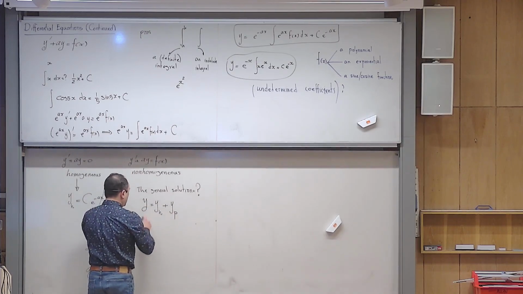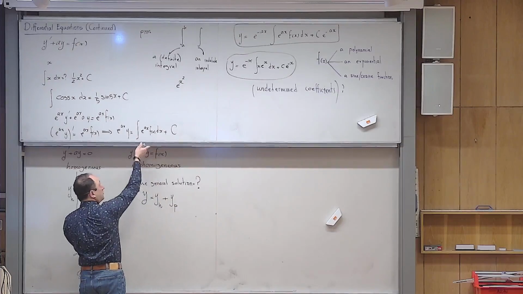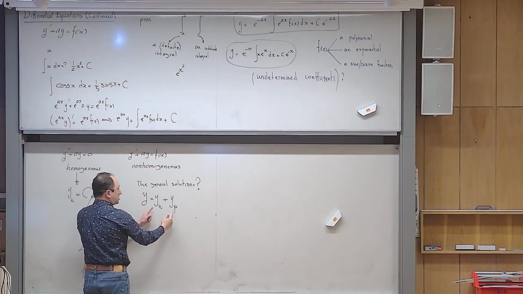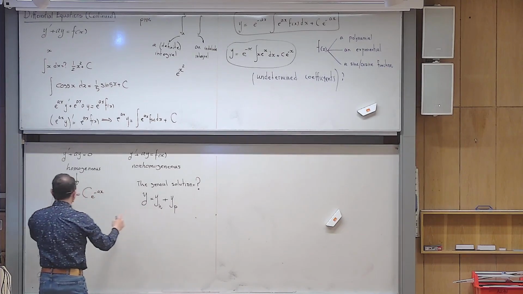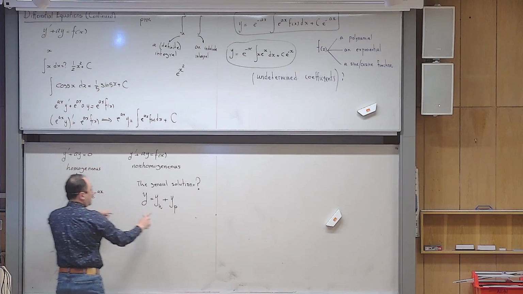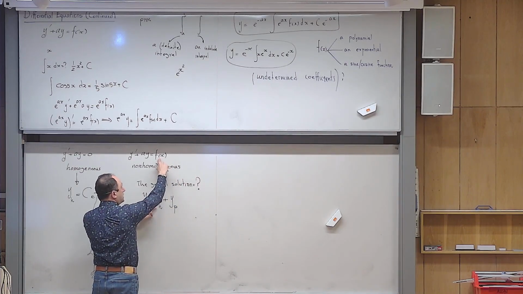I'm claiming that the general solution of this differential equation can be written as the sum of two parts. One part is the solution to the homogeneous one, in which the right-hand side is 0, plus a particular solution of this differential equation, not the general one.